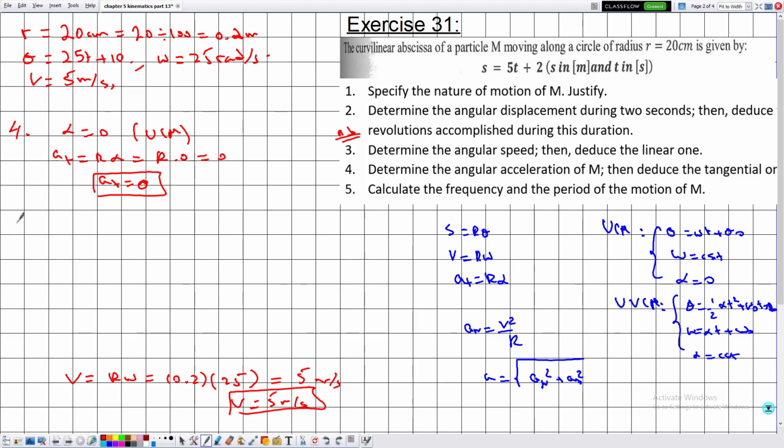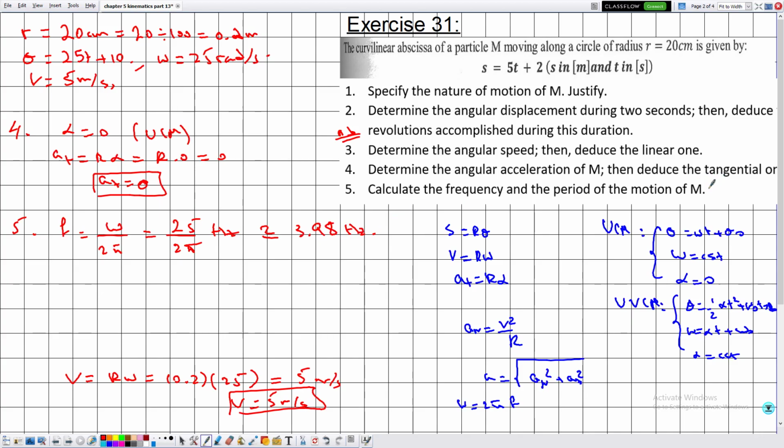So in part 5, they are asking me about the frequency. We know that omega is equal to 2 pi f, then f is equal to omega over 2 pi. The value of omega is 25, so 25 divided by 2 pi, in hertz. In decimal form it is 3.98 hertz.